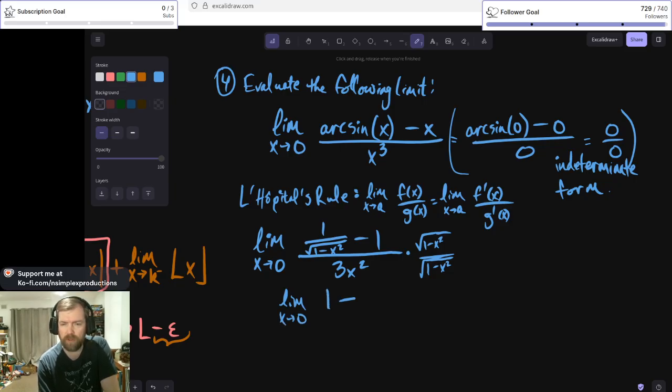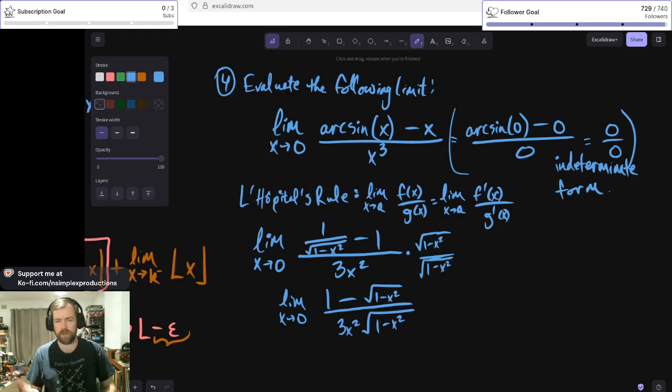So this is going to be 1 minus square root 1 minus x squared, which is still 1 minus 1, and this is still going to be 3x squared times the square root of 1 minus x squared, which is still going to get us a 1 and a 0 in the denominator and a 0 for the entire numerator. So nothing's changed. It just looks a little bit nicer so that it's not going to be like this compound fraction that we're trying to take a derivative of.